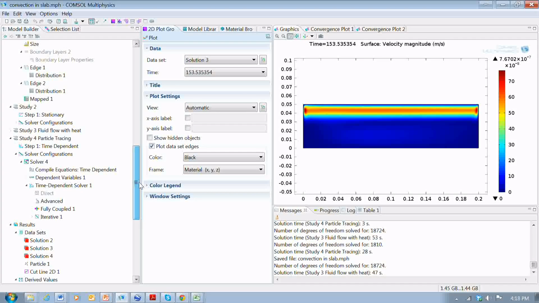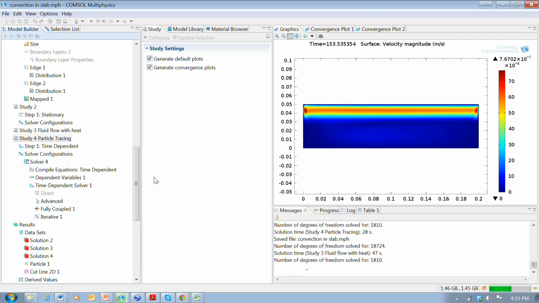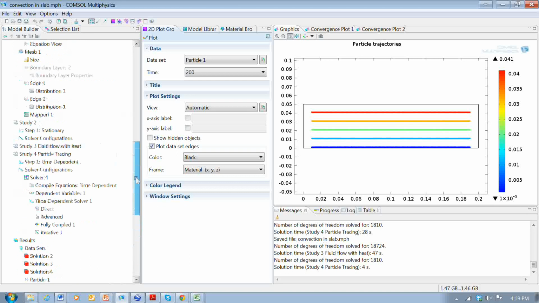Okay, so that's the heating, and then we can do particle tracing by going here to a separate study. You need a different solver to run the particle tracing, so I set that up separately. The particle tracing uses the fluid velocities that we just calculated.